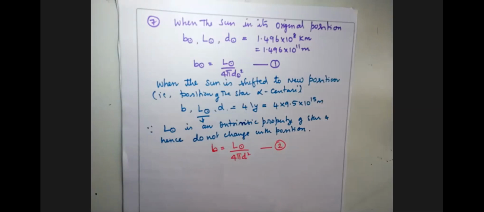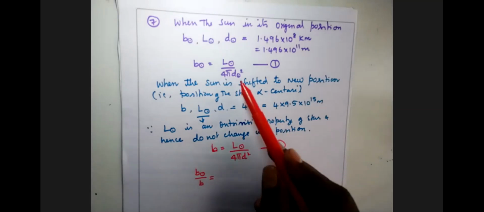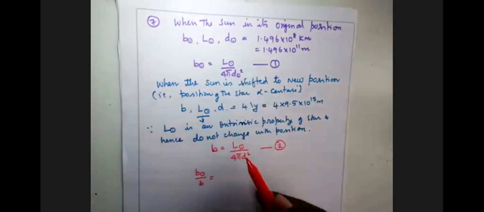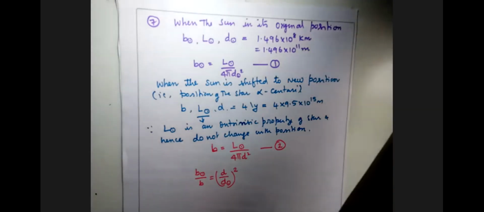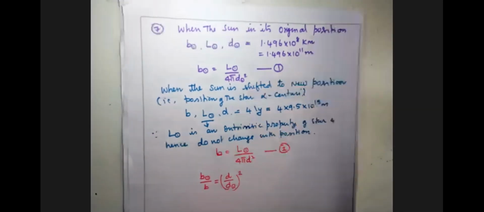So to find the ratio of the brightness, divide equation 1 and 2. You get B naught divided by B is equal to, L naught cancels, 4 pi cancels, D by D naught whole square.